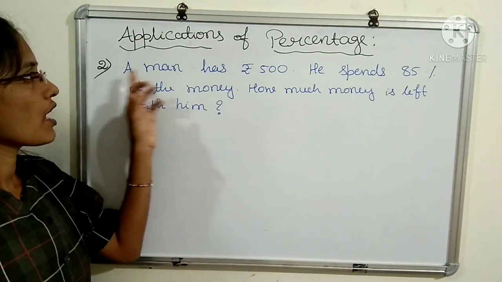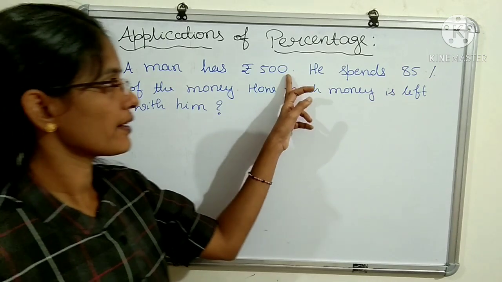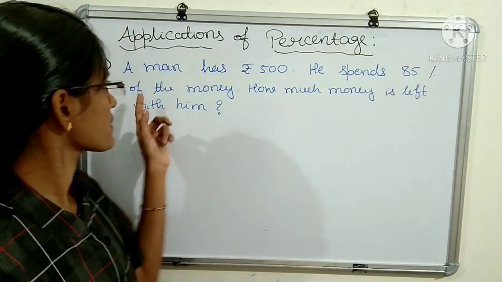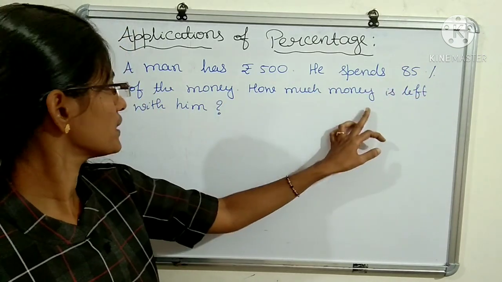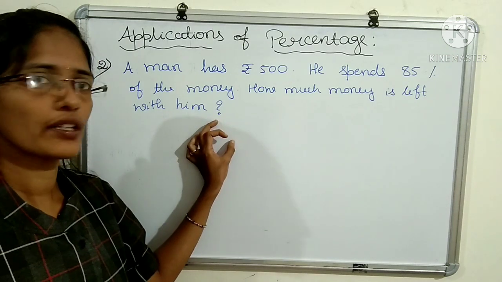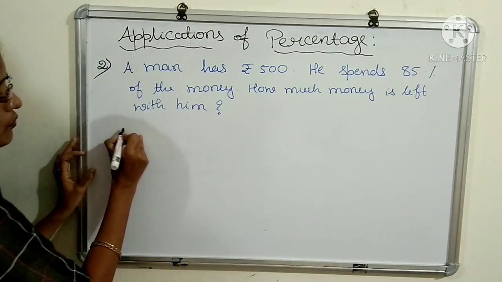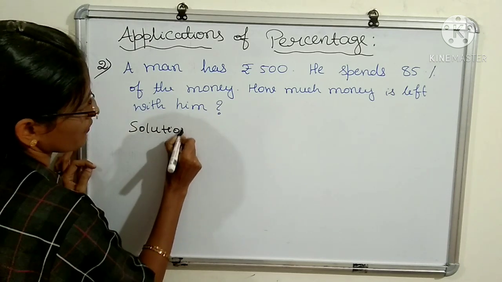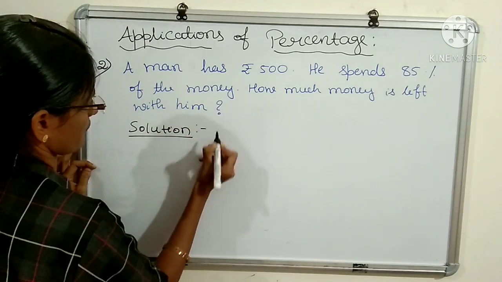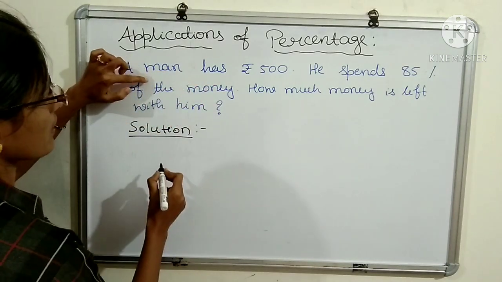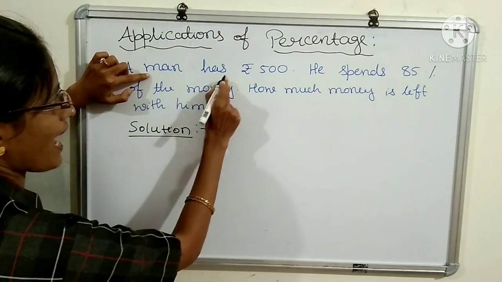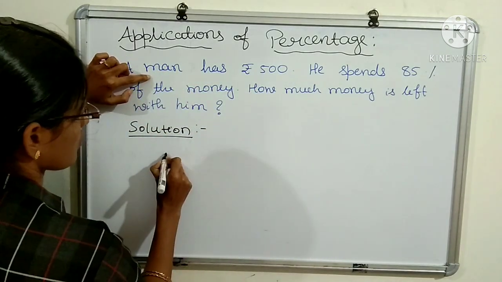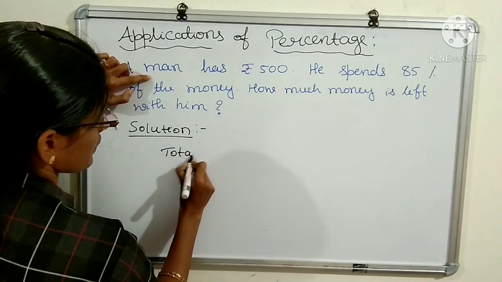Second question. A man has rupees 500. He spends 85% of the money. How much money is left with him? Here, what we have to write, students, first? Given. What is given in this question? Total money. Here, a man has rupees 500, that is total money.